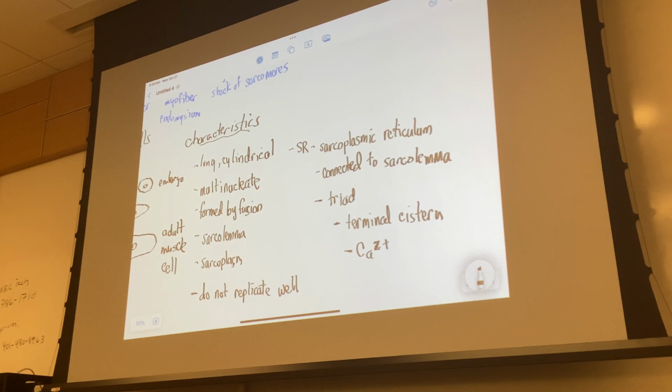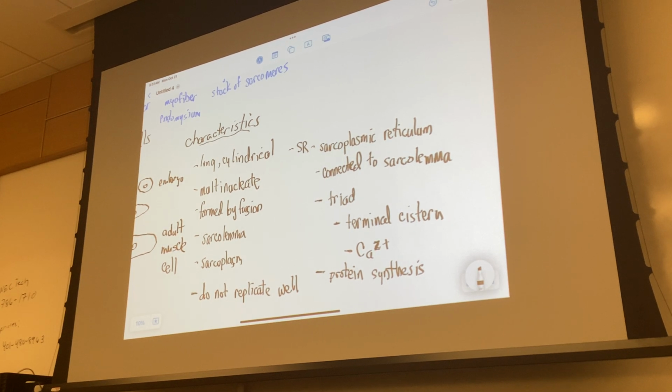The extensive SR is responsible for protein synthesis. And what are we talking about for protein synthesis? Those 5 proteins of the sarcomere. So the SR is responsible for initiating a muscle contraction at the level of a sarcomere.